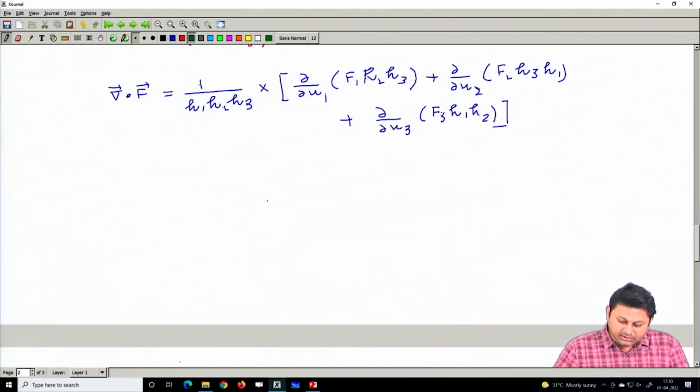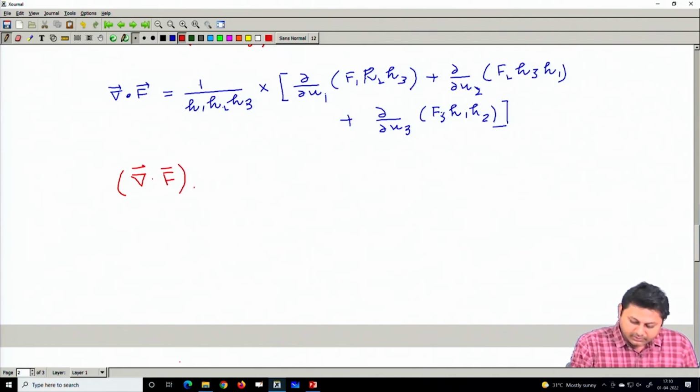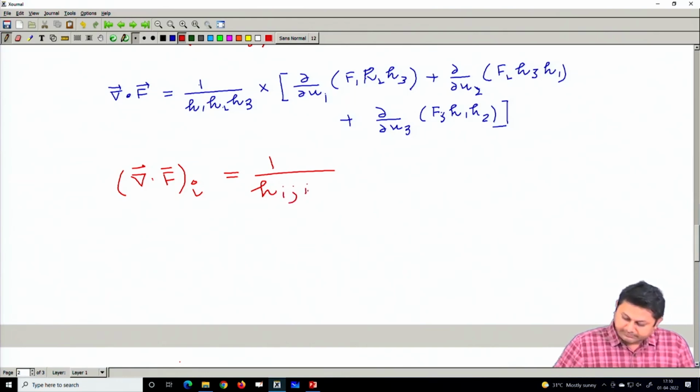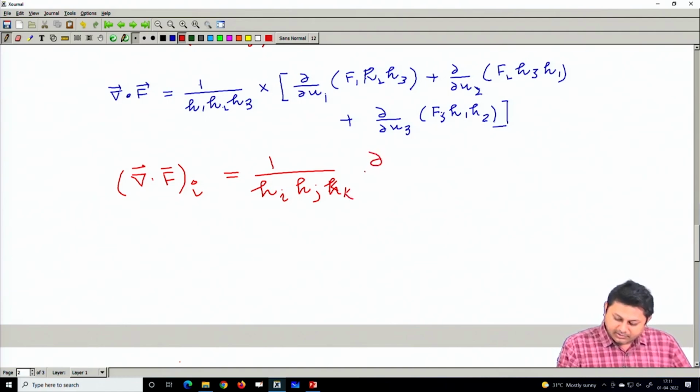If I want to find out the ith value of the divergence, the ith form of the divergence, then it is simply this is i, j and h k, and then this is del, if it is ith, then it is operating over f.